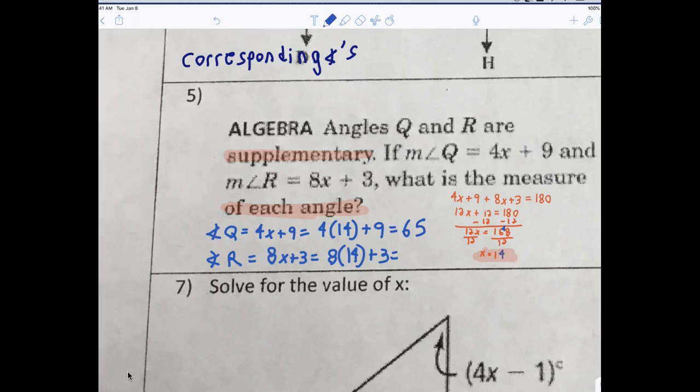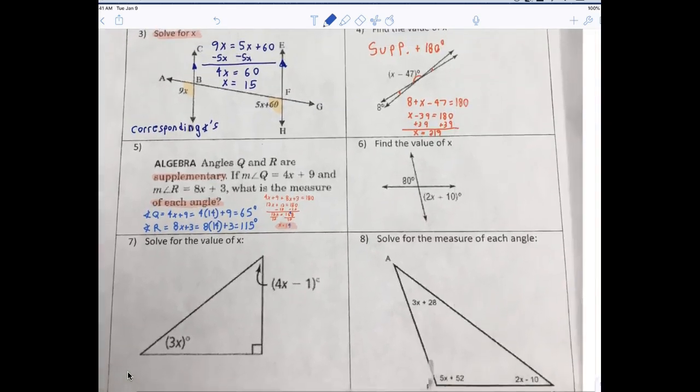So what's 80 plus 32? 112. Very good. 112 plus 3 is 115. You're on it, man. So don't forget the degree symbol. All right, very nice, man.